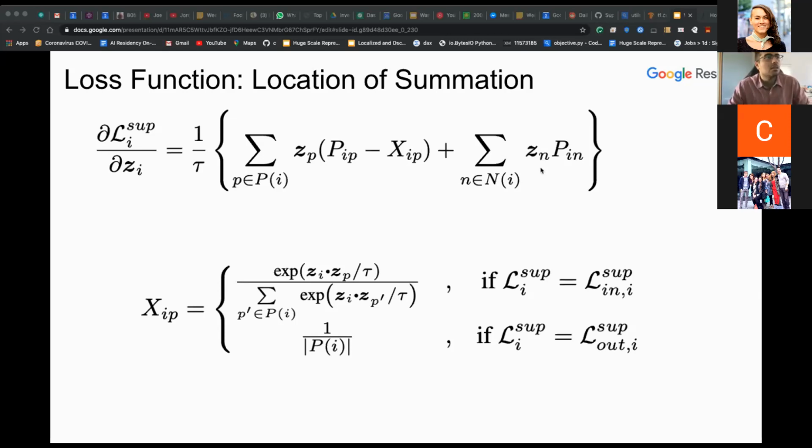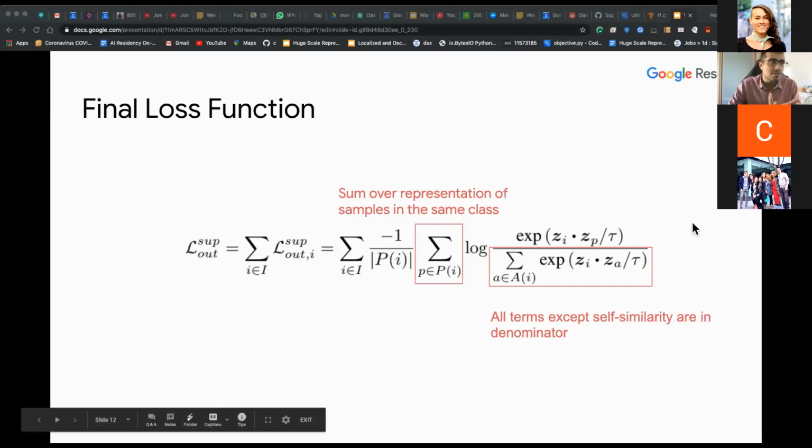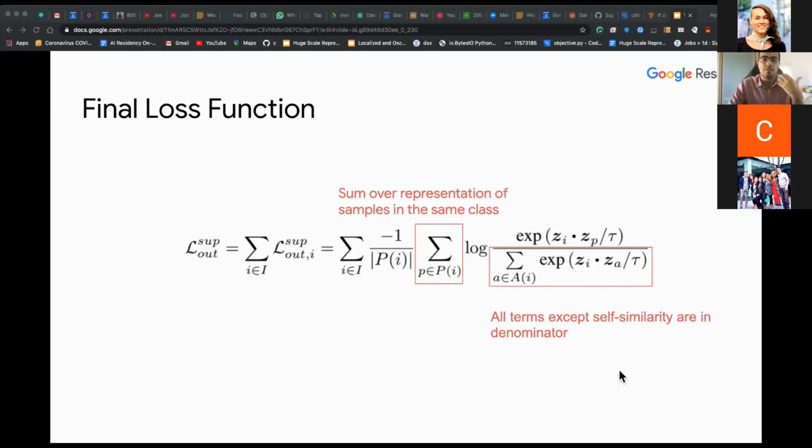There is a weight associated with it, proportional to p of ip. P of ip is nothing but the term we had here, the term inside the log, which says what is the likelihood of the positive coming from the same class as the anchor I, right?